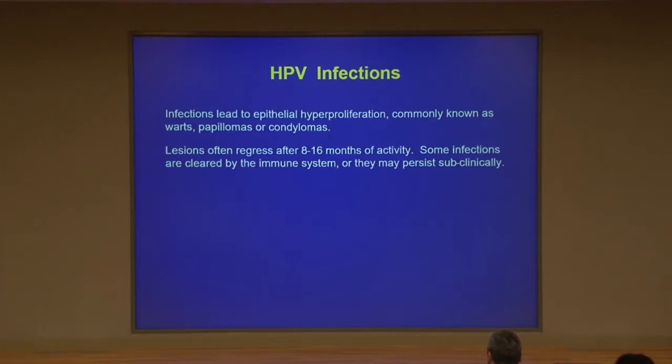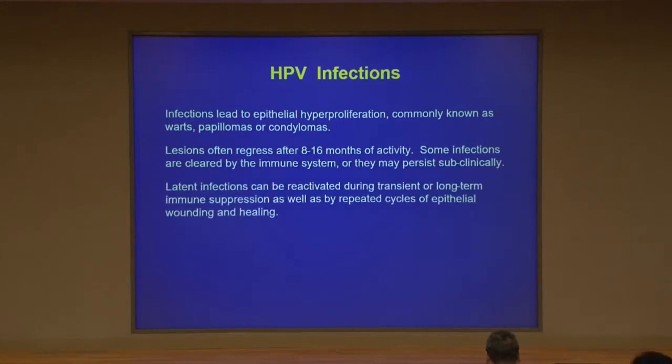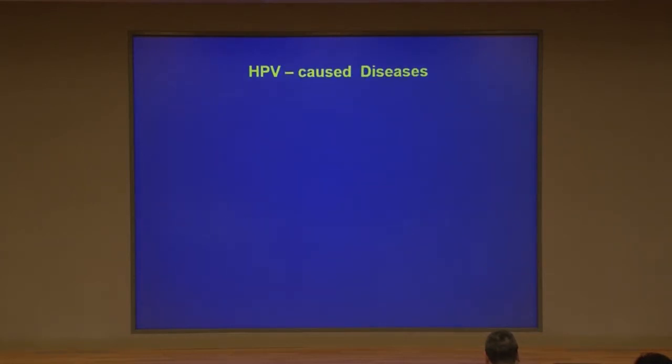They may go away permanently, or they may persist, go into latency to be subclinical. But they can be reactivated during stress, during immune suppression, or repeated wound healing. So this is a very successful persistent virus.